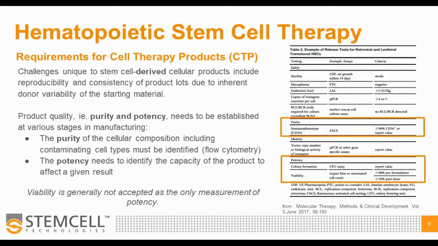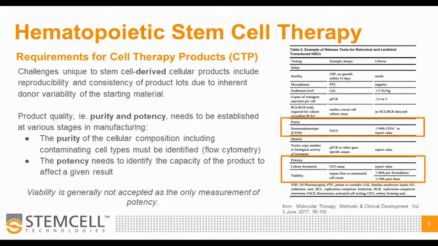Usually doing the clinical trial allows you to identify the ranges that are acceptable for the purity of something like this. With regards to the potency, the viability has been identified as being required, and in this case, greater than 70% post-thaw, very specifically using trypan blue. But they also ask that the CFU assay be done and a value reported. But really, what value would that be?